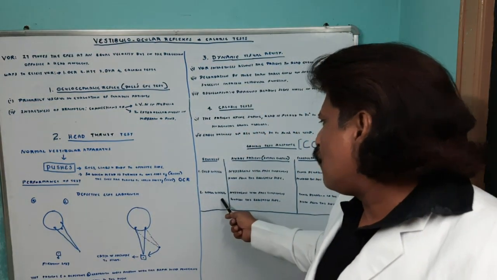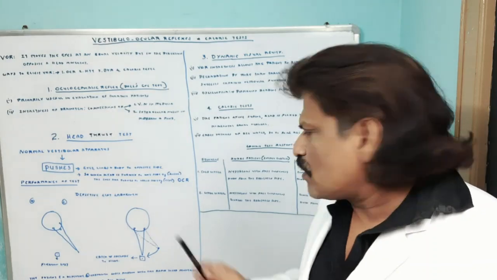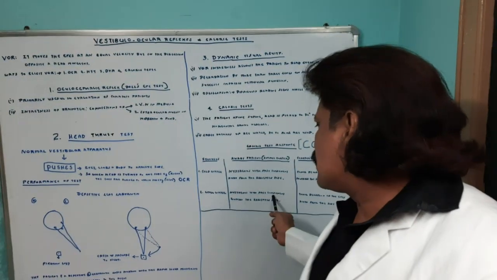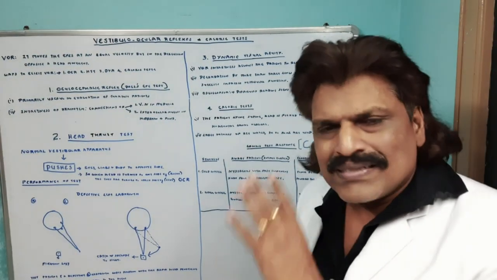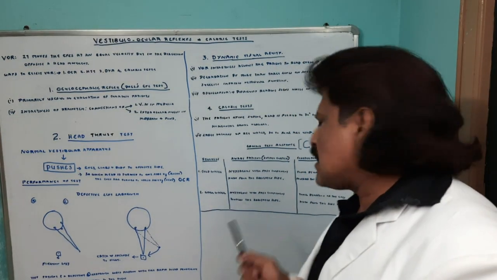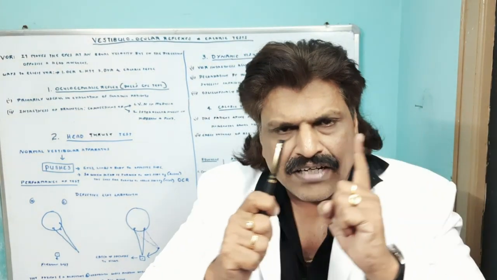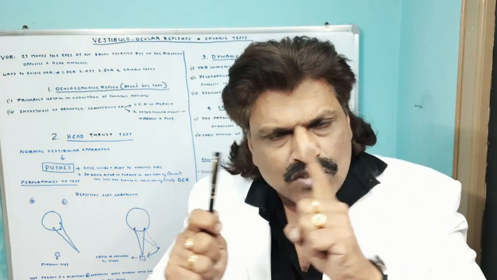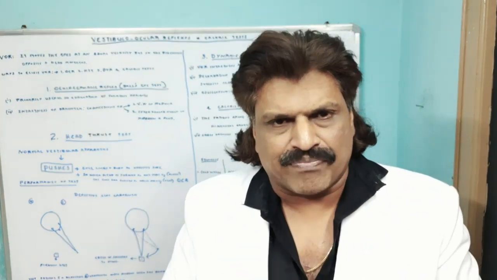So when we put warm water in an awake, conscious patient, the nystagmus with the fast component will be towards the irrigated side, and the tonic deviation of the eyes away from the side of the lesion. So when we put warm water, there is tonic deviation of the eyes away from the side of stimulation. This shows the intactness of the brainstem.